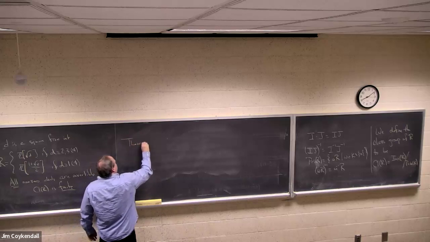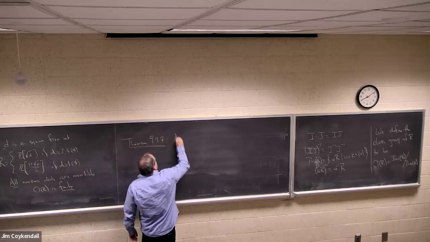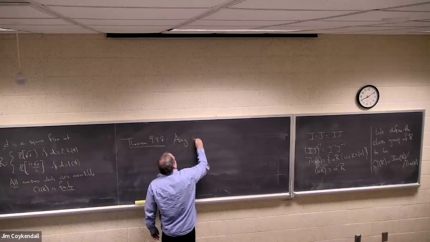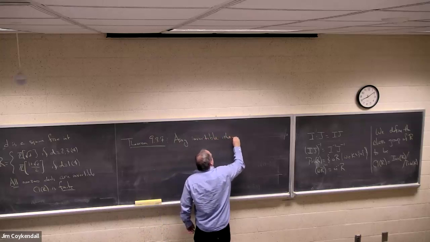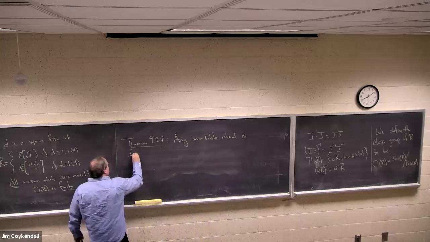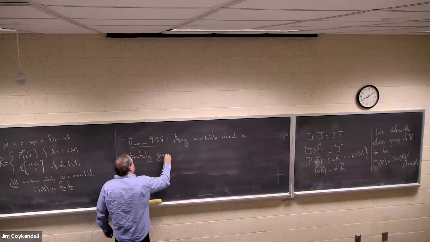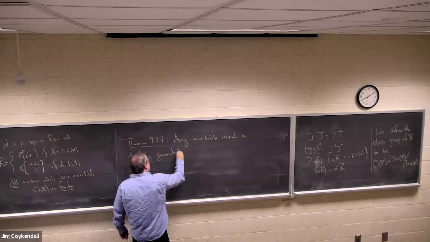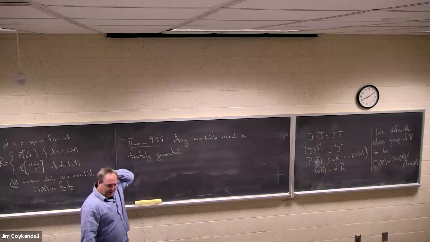Theorem 9.3.7: Any invertible ideal is finitely generated. What does it mean to be an invertible ideal?